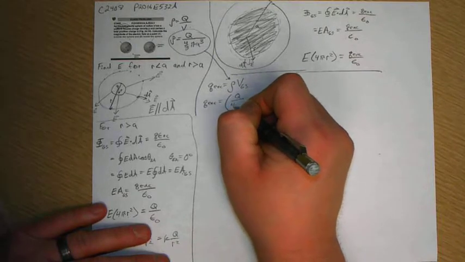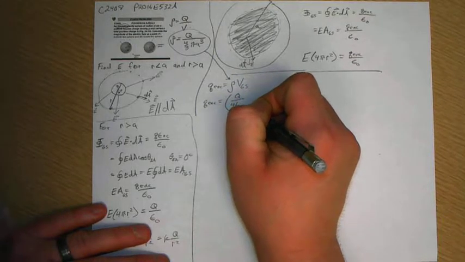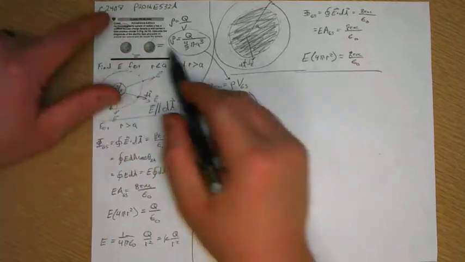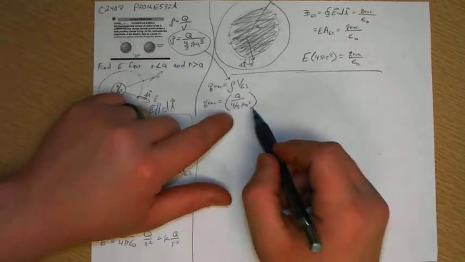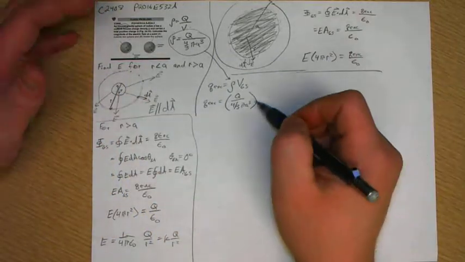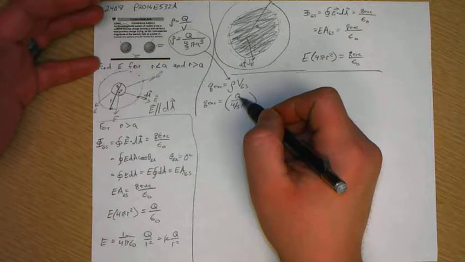Q over 4/3 pi A cubed. Remember, this is the total charge of the whole sphere divided by the total volume of the whole sphere. You have to use those terms because that's the only way to get the density.